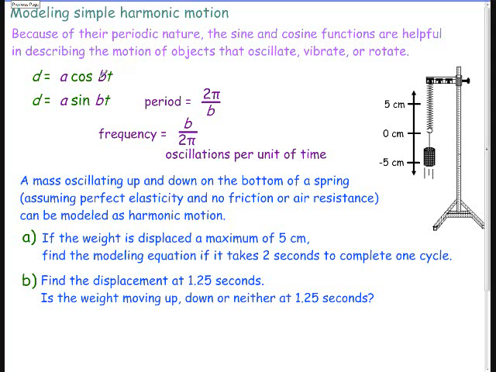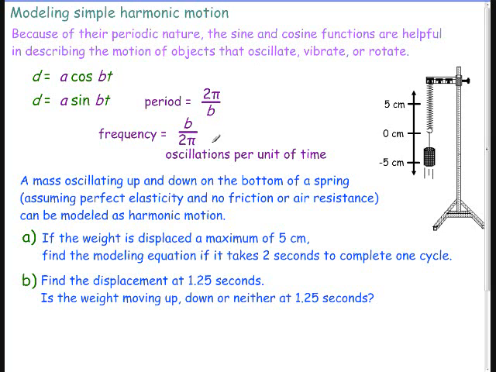Here's another example of harmonic motion: a mass oscillating up and down on the bottom of a spring. Here it is, the weight. And right here you see it being displaced downward, right? The 0 position is right here, and then when it is contracted, it's up here.